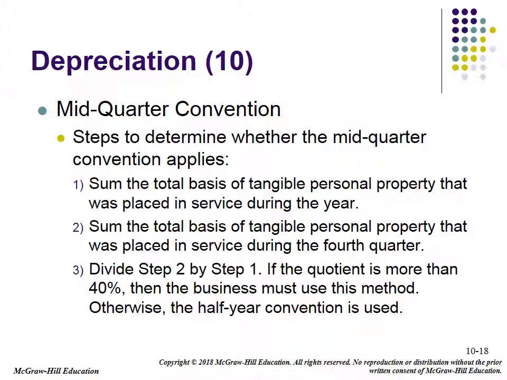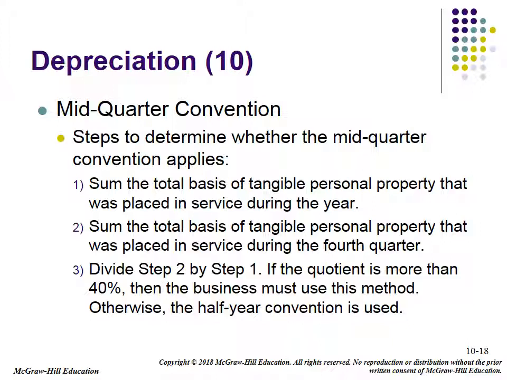Now think about this. You are allowed to take a full 6 months of depreciation, no matter when you buy an asset during the year. Right? Now, you start looking for some loopholes with that, and you think to yourself, when should I buy my assets?